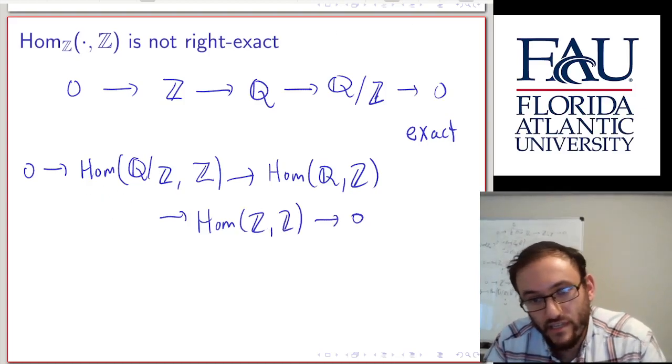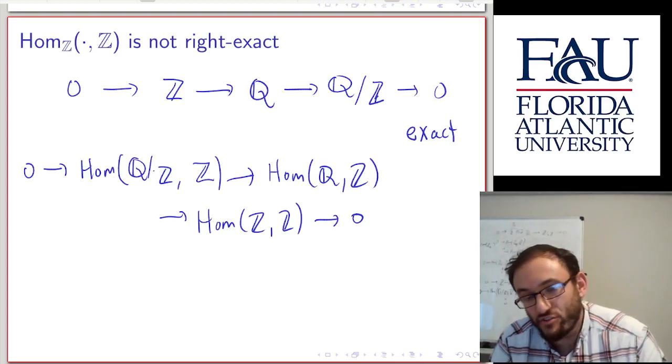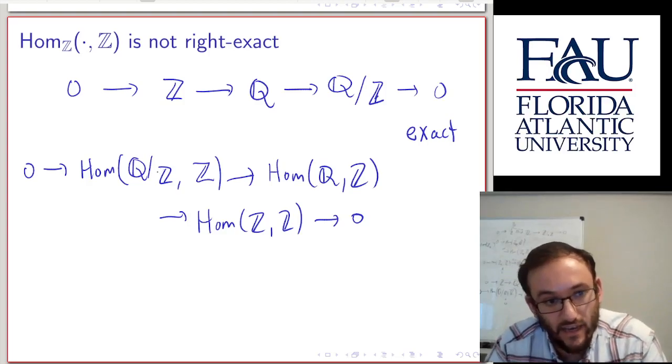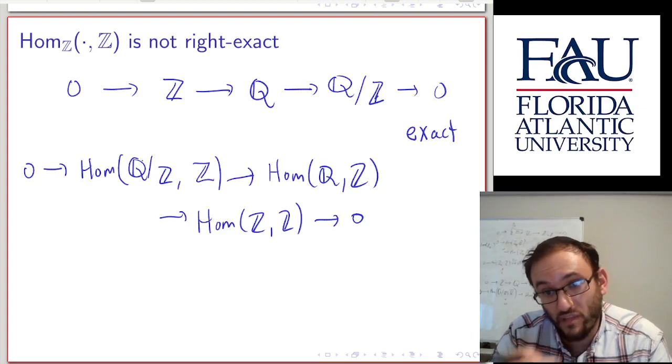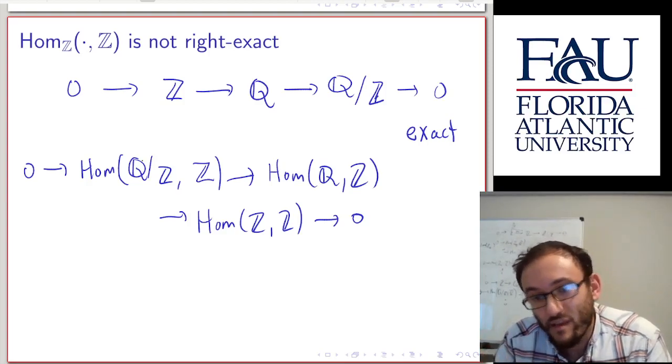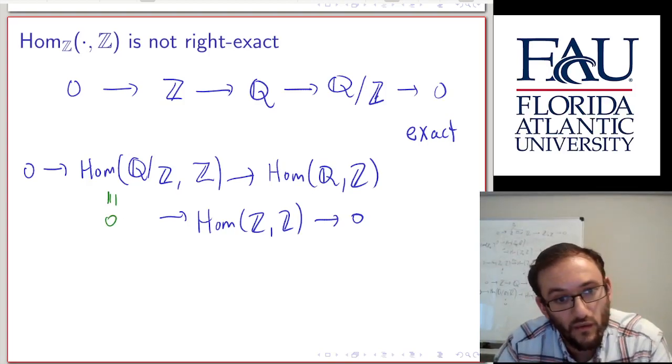And using the same reasoning as in the previous examples, any rational number, when we're quotienting out by the integers, if you multiply it by its denominator, it's going to be 0. So that means the whole map has to just go to 0. So this is going to be the 0 module.